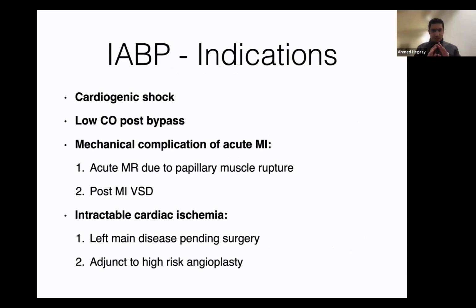The concept is very simple. The balloon will deflate at the onset of systole, so it will create a vacuum effect. It will reduce your afterload. It will encourage forward flow up the ascending aorta. Now remember, let's think about it together. In patients with acute severe MR, blood can go in one of two directions.